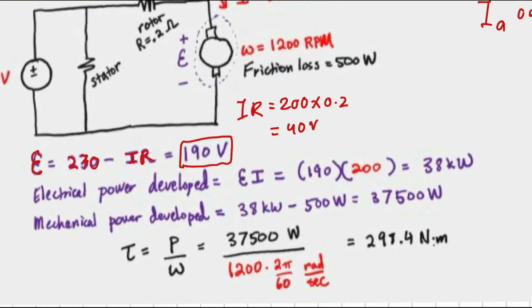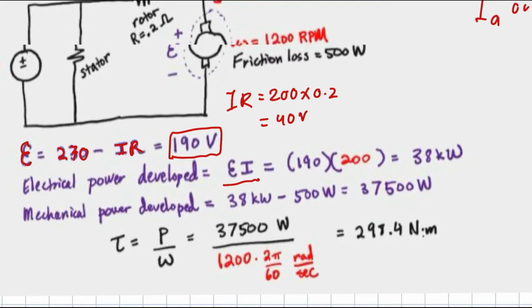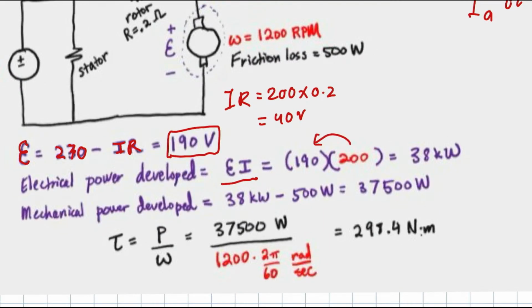So the electrical power developed is E times I, so 200 times 190 gives 38 kilowatt.